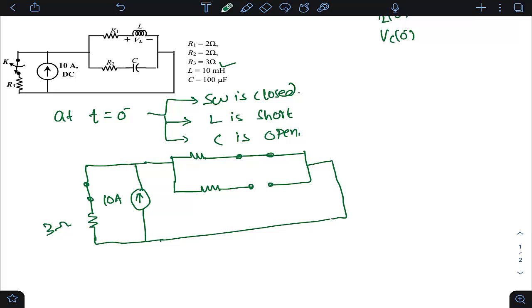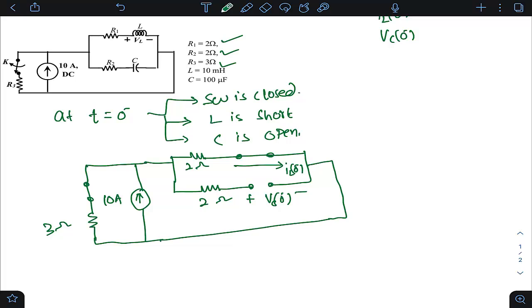R2 value is given as 2 ohm, and R1 value is also given as 2 ohm. So this voltage is what I mean by VC(0 minus), and this particular current is what I mean by IL(0 minus).